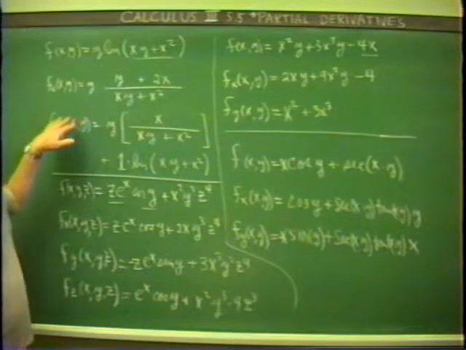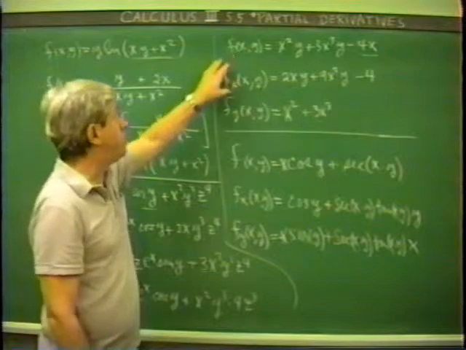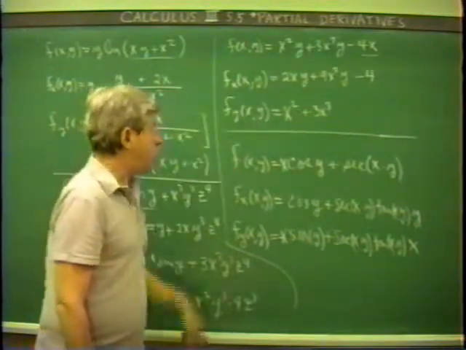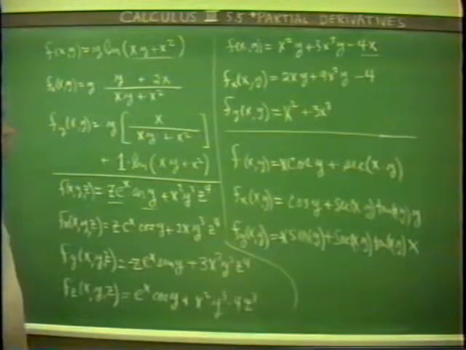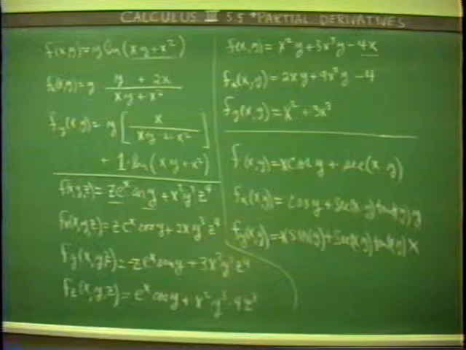So it's clear here that if you've got functions that are algebraic or involve trig functions or logarithms or exponents in x and y, you can compute the partial derivatives using what you already know about ordinary derivatives.